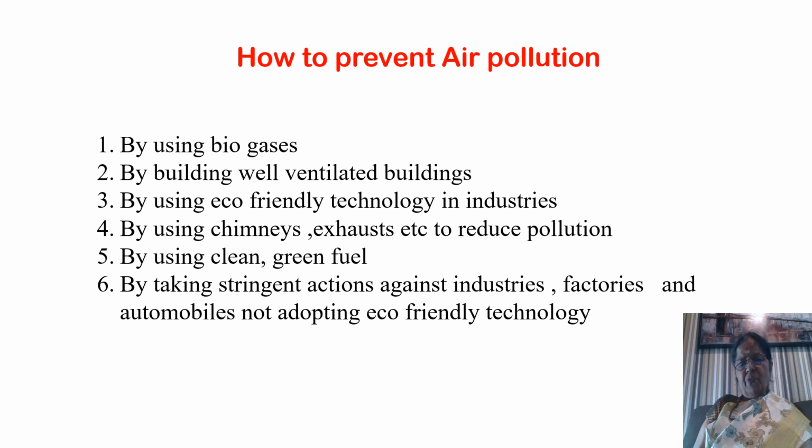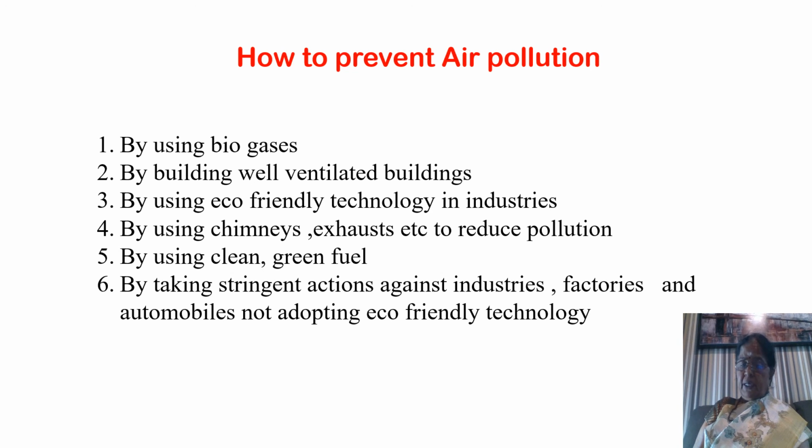And by using eco-friendly technology in industries, like providing proper exhaust, disposing of waste materials properly, using chimneys and exhausts to reduce pollution, and using clean green fuel like biogas, which will not emit any toxic substances into the air.